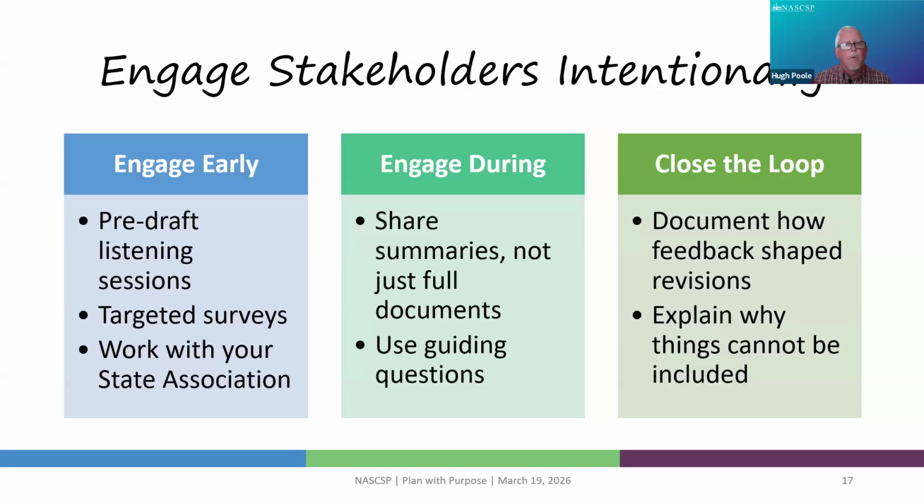But we mentioned asking structured, inquisitive questions that are aligned to the priorities, using the state association meetings or whatever other meetings they're comfortable with to gather early insight. Some states use defined work groups to work on specific portions of the plan, gather that input, and then incorporate it.